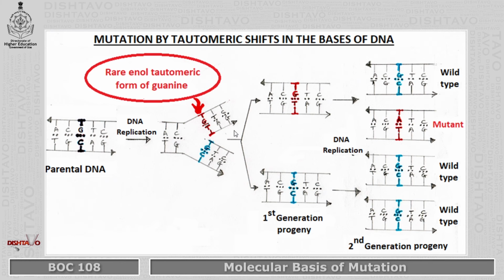So, two kinds of DNA molecules are formed, some with normal base sequences and some with changed base sequences. The two kinds of DNA molecules formed by transition will eventually be separated into different cells, which may result in recognizable mutations.